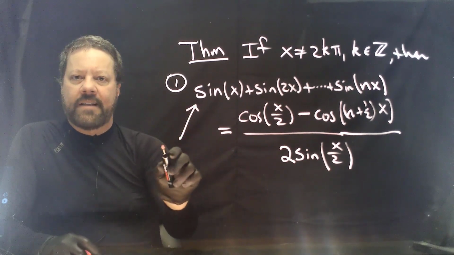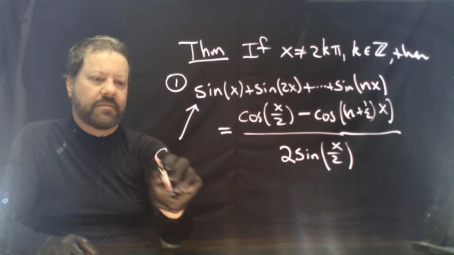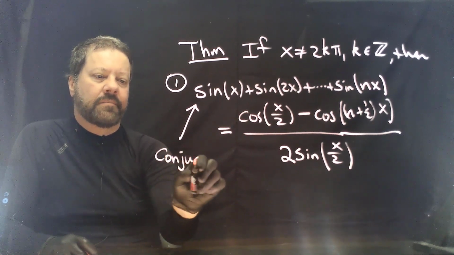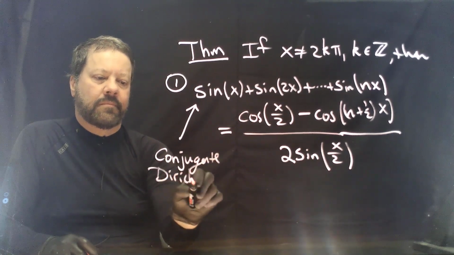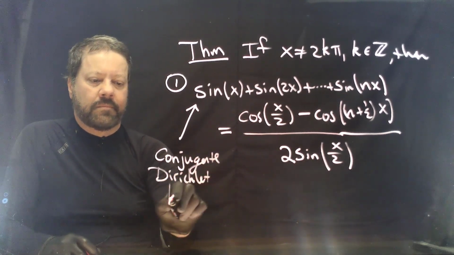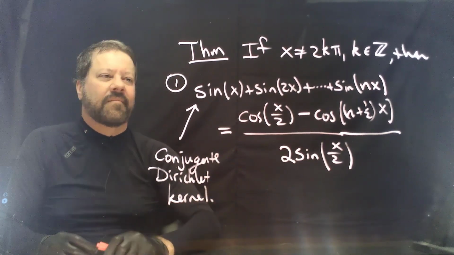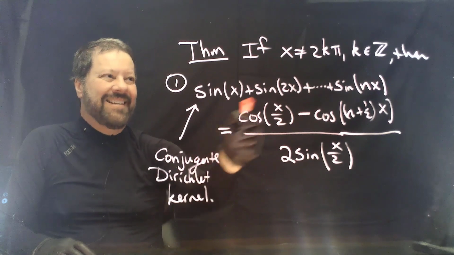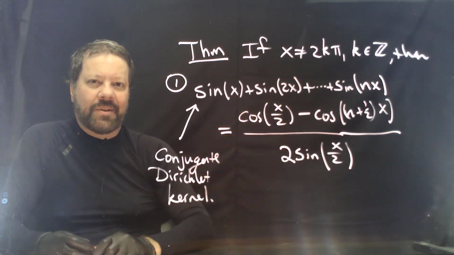The left-hand side is sometimes referred to as the conjugate Dirichlet kernel. Note that if x is an even multiple of pi on the left-hand side, you just get 0.